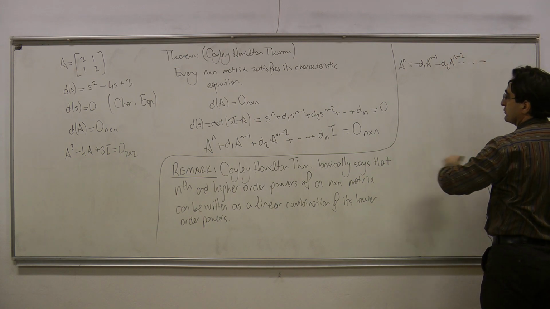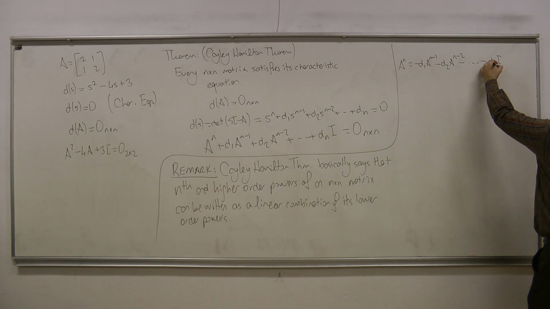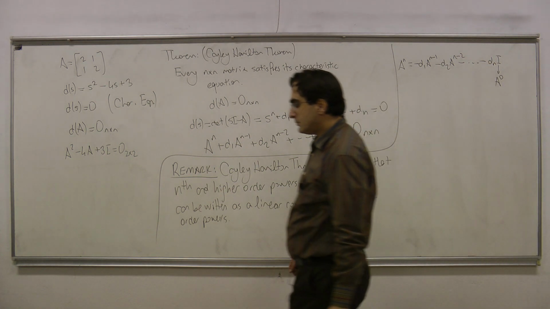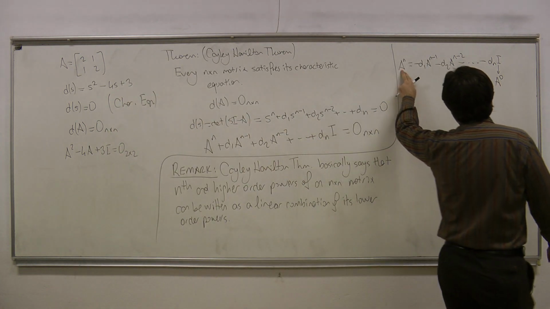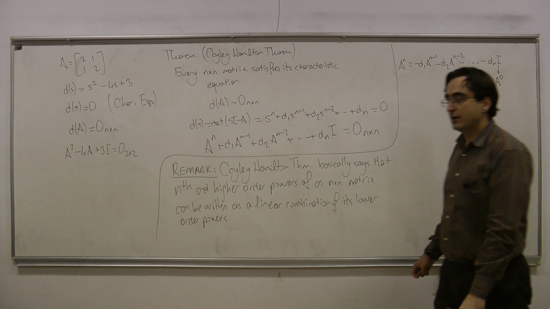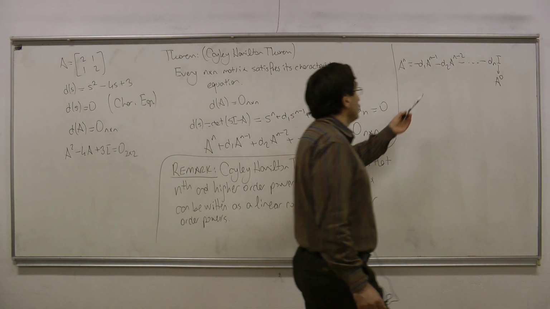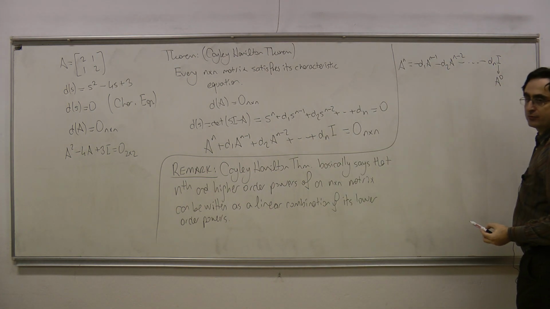These minuses continue until minus dn times identity. And identity is nothing but the zeroth power of a matrix. So we see that in this equation, A to the n, the nth power of the matrix A, can be written as a linear combination of its powers between 0 and n minus 1.